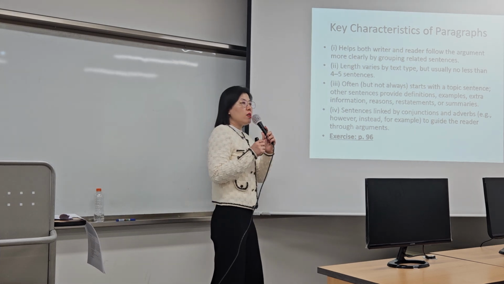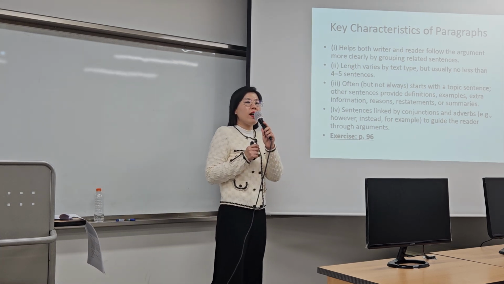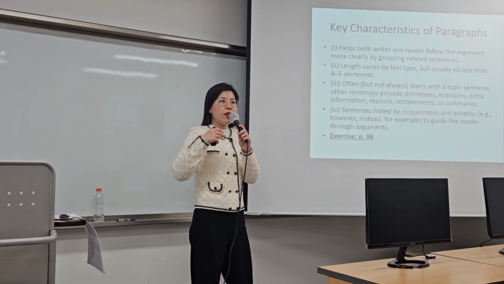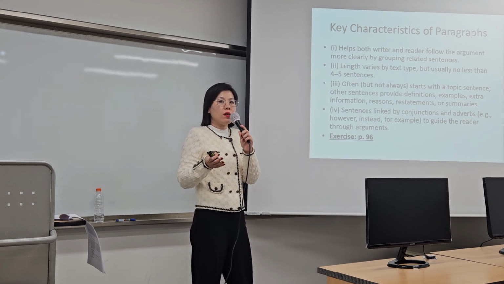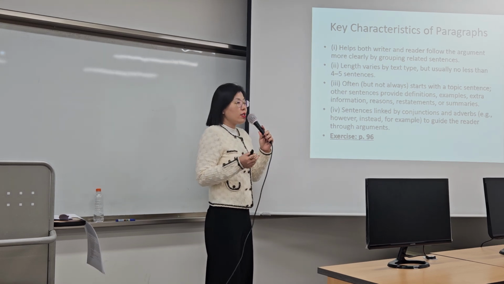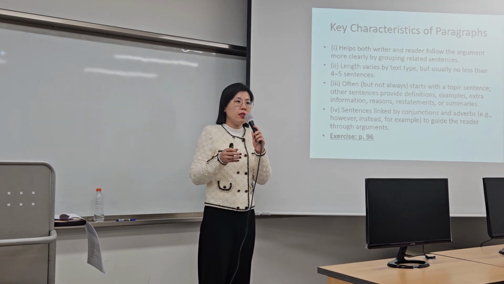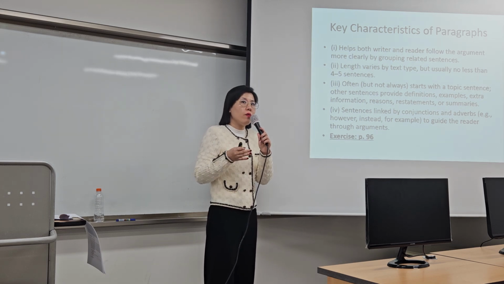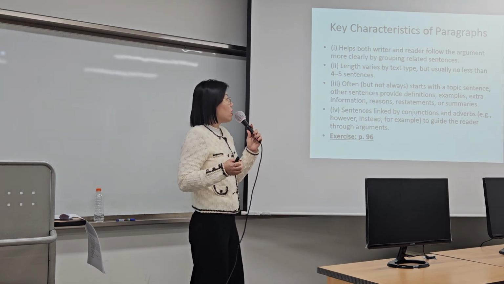Right. So usually the paragraph is composed of 4 or 5 sentences for beginner writers, but as you get to write longer academic writing, such as thesis, dissertation, you actually can write more sentences within the paragraph. But the rule of thumb is usually you include 4 or 5 sentences in a paragraph.